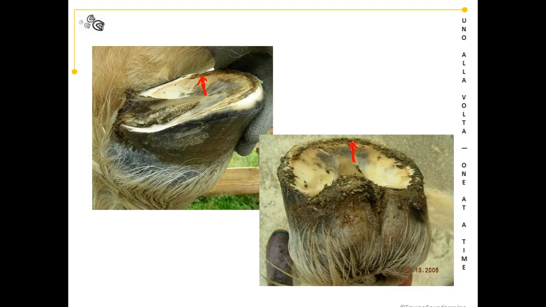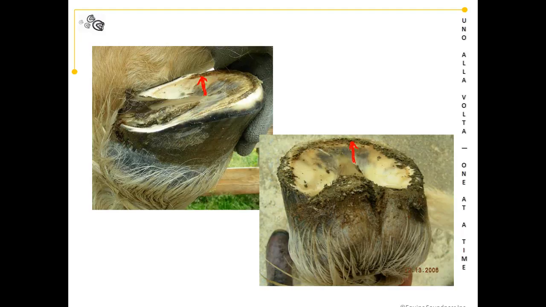That is determined by the concavity of the coffin bone. And in a front foot on the left side, this is usually between 1 and 1.5 centimeters. Sorry, I said 1.5 to 2 at first, but it is between 1 and 1.5 centimeters. In the hind hoof, this is usually between 1.5 and 2 centimeters.